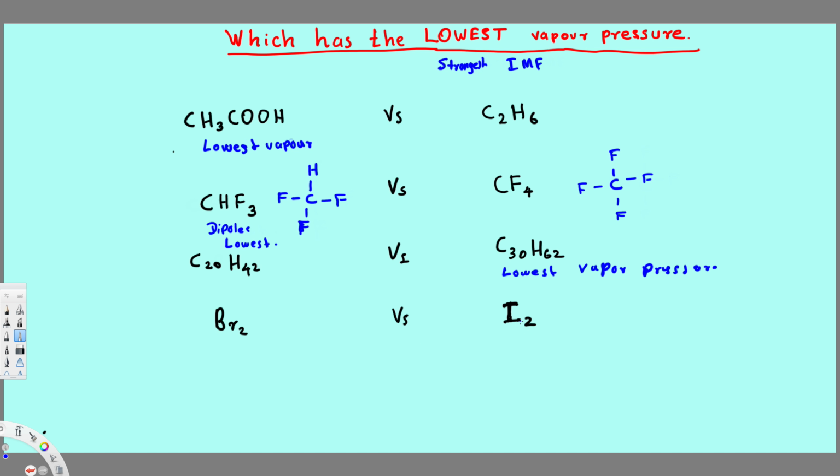If you look at the molar mass, I2 is going to be higher than Br2. Whenever we have the highest molecular weight, that's going to have the strongest force, and therefore I2 has the lowest vapor pressure. That's how we determine the lowest vapor pressure.